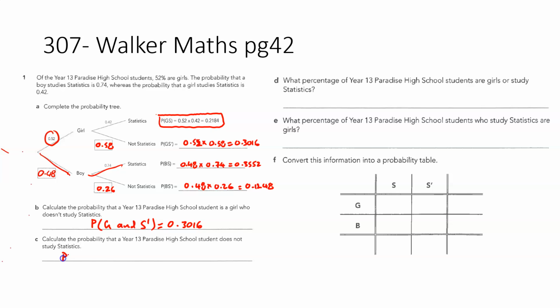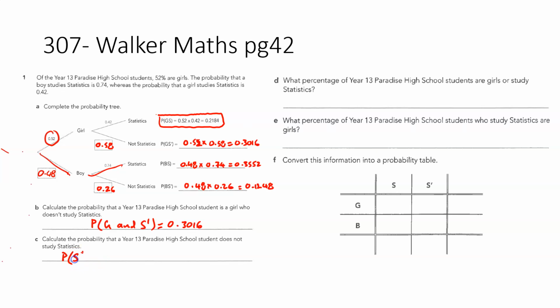Okay, C: calculate the probability that a year 13 Paradise High School student does not study statistics. The probability that a student does not do statistics is the probability that they are a girl and don't do statistics, plus the probability they're a boy and don't do statistics.